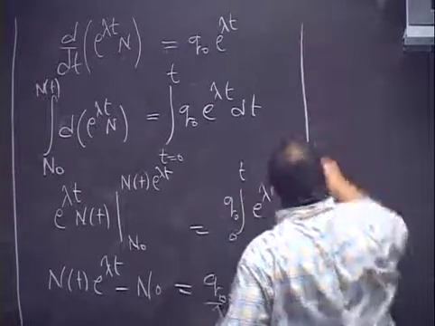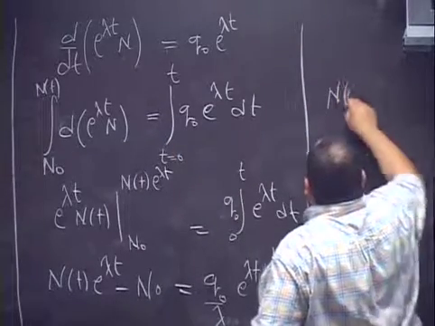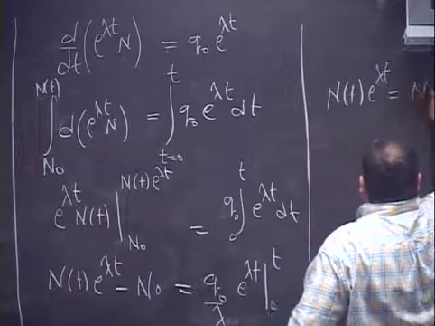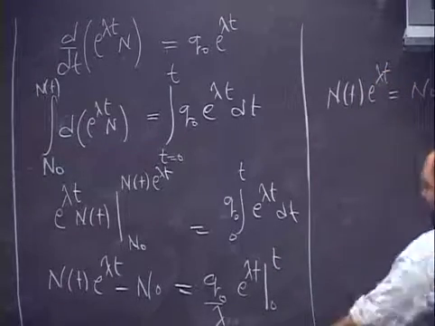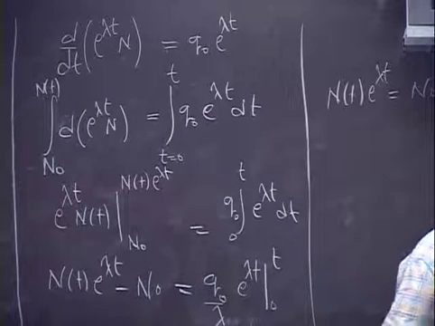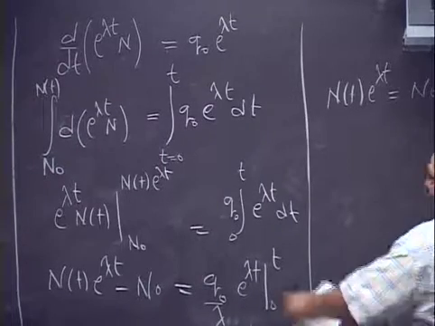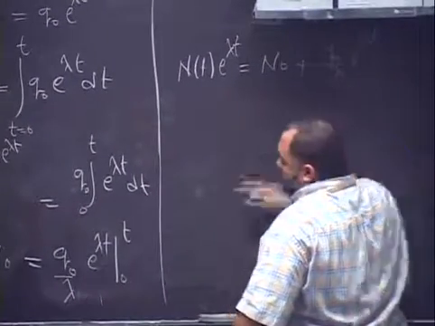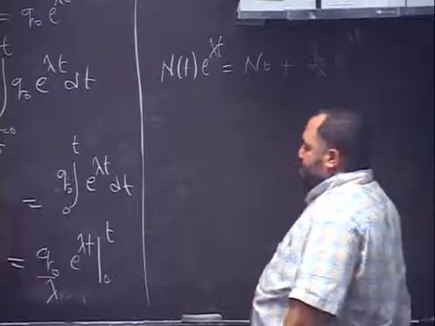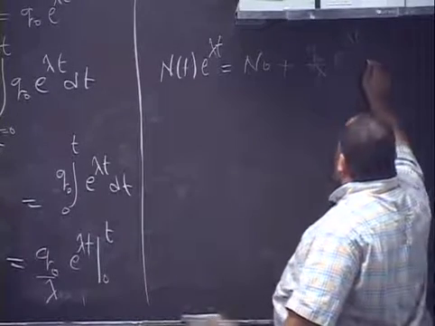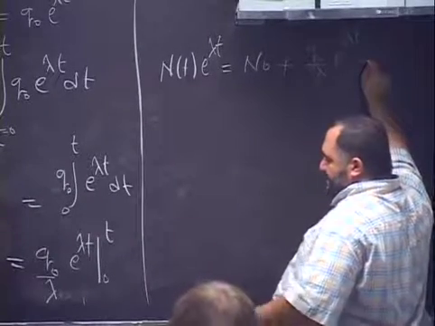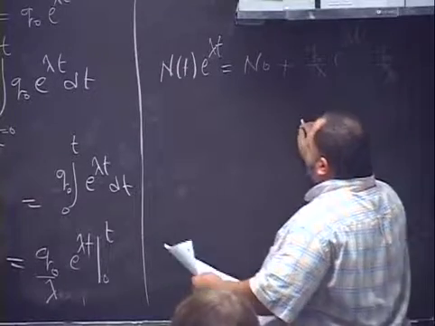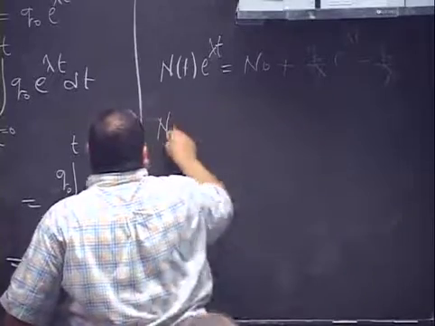So all you're saying is n of t e to the power of lambda t gives you n naught plus q naught over lambda, multiplied by e to the power of lambda t minus e to the power of 0, minus q naught over lambda. So now separate and get n of t.